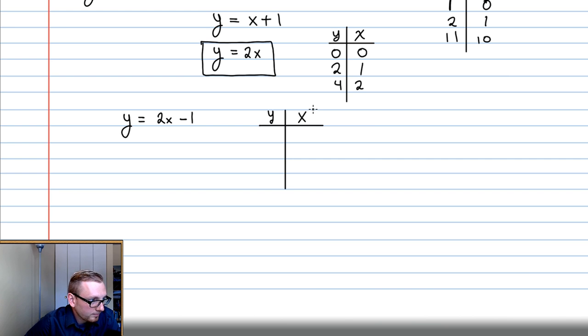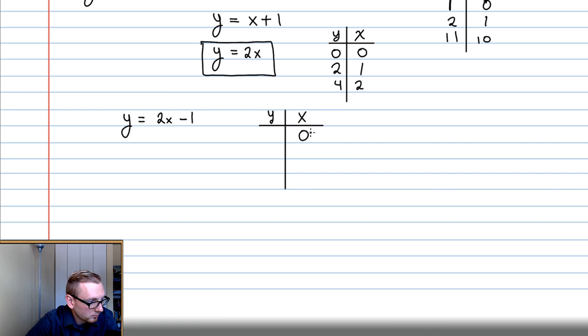Okay, hang on, I have to wait for you to write this down. So y is equal to 2x minus 1. Now we are going to plug in 0 for x. What is y?